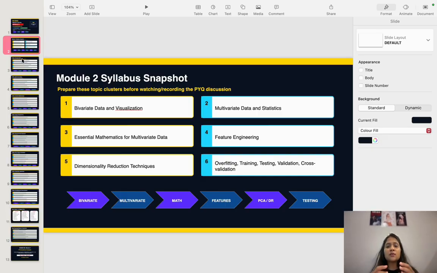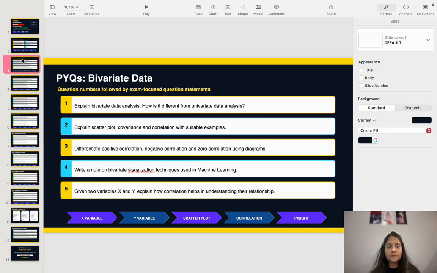Most questions from this module are concept based and diagram based, so you have to remember the concept and the diagram so that you can write down the answers. Let's move to the next slide.